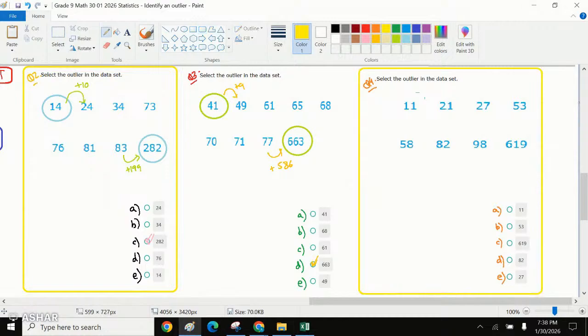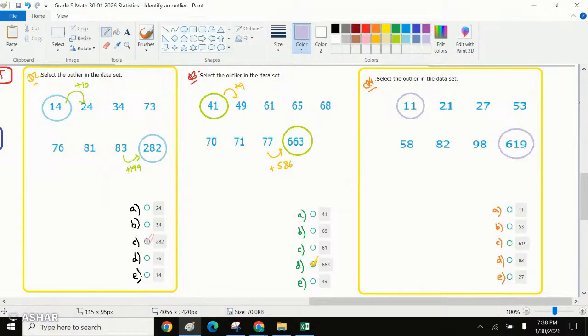Let's look at the extreme values. Can anyone else give me the answer? Can it be 27? No, because it has values before it and a value after it, so it cannot be the extreme value. Let's look for the extreme values first. Either 611 is extreme or 619 is extreme.